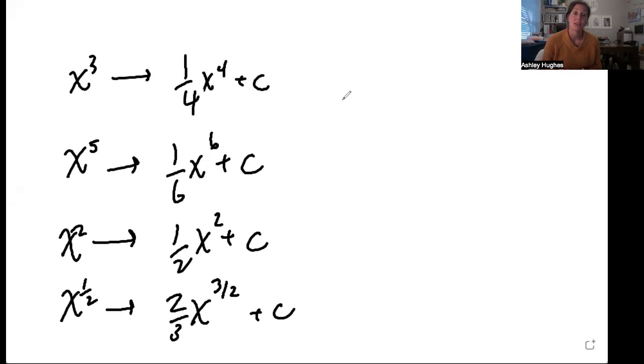What pattern do you see? So we have its function, and then we have its antiderivative. What do you notice? What's happening to the power?